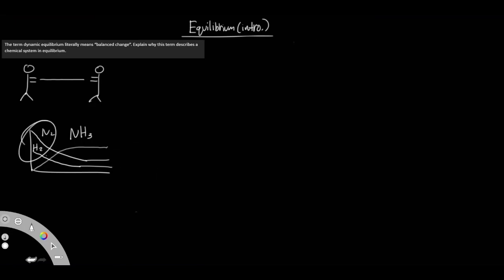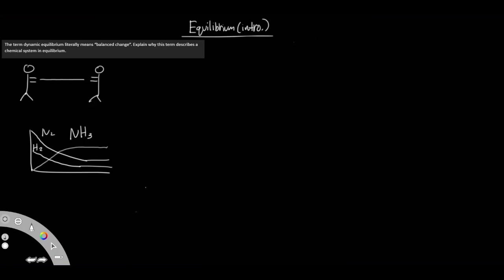So these are decreasing in order to create this NH3, but they are also increasing thanks to this NH3, because this NH3 is decomposing back into this N2 and H2. This NH3 was increasing because it was being made thanks to these over here, but eventually it cannot keep going upwards because it's going to help make more of that N2 and H2, hence why you see this illustration over here.